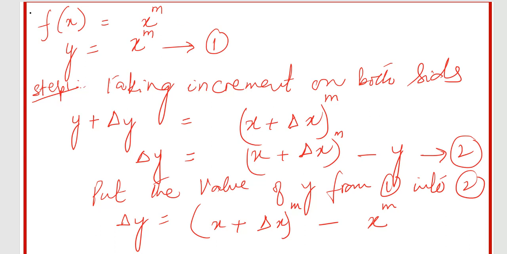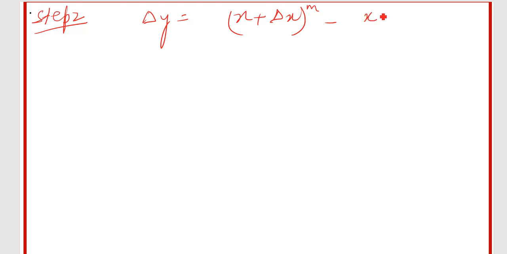Now in step number 2, we will solve it further. Delta y = (x plus delta x) whole power m minus x^m. Here, this power of m belongs to x and also to delta x, because this is the whole power.